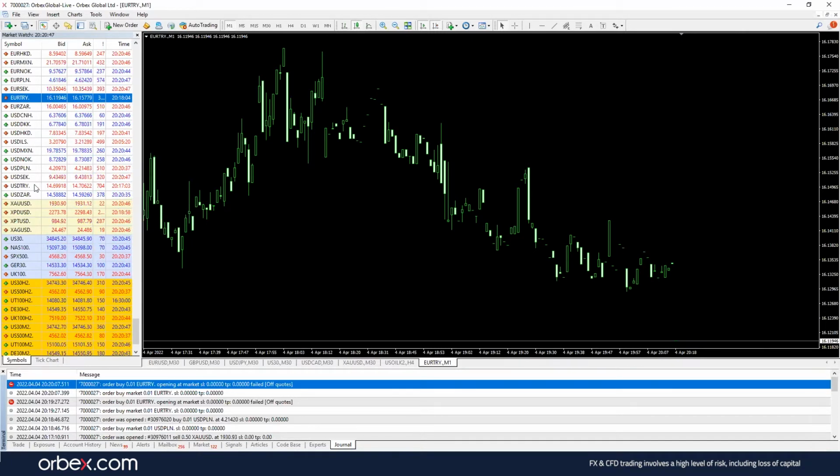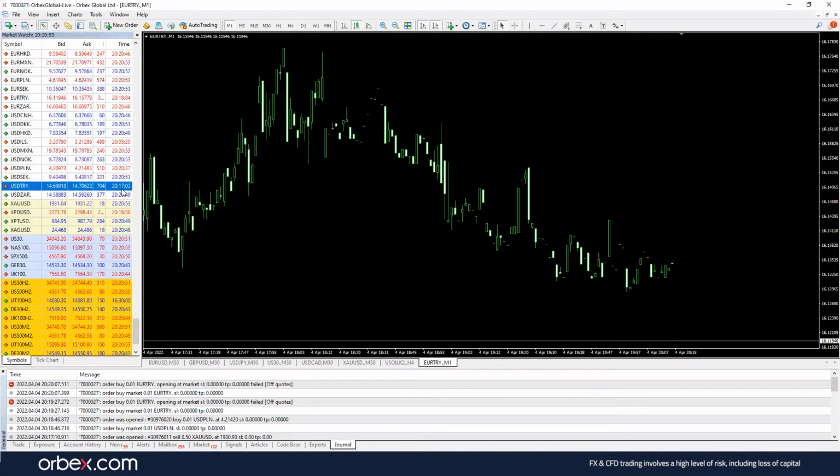And as you can see here, dollar Turkish lira as well, 8:17, and you can always just double check what the correct time is. So 8:20. So that's 3 minutes ago.